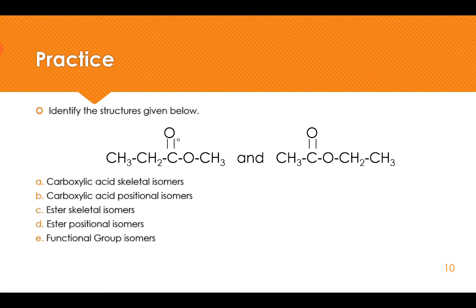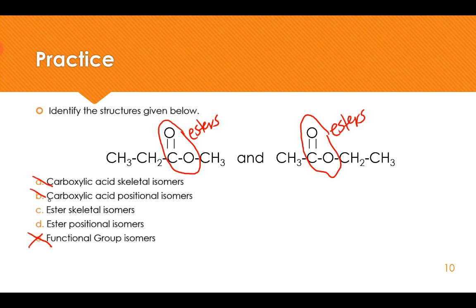Okay, so both of these are esters. And so they can't be functional group isomers because they have the same functional group. They are not carboxylic acids, so we can eliminate those. And so our options are skeletal isomers versus positional isomers.